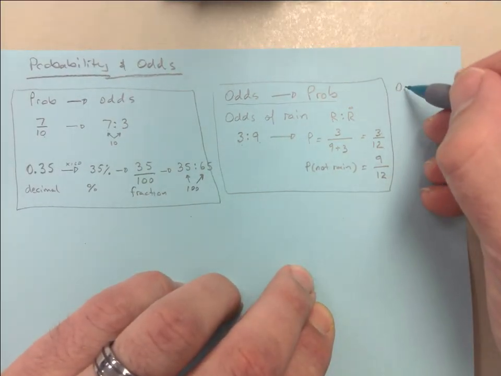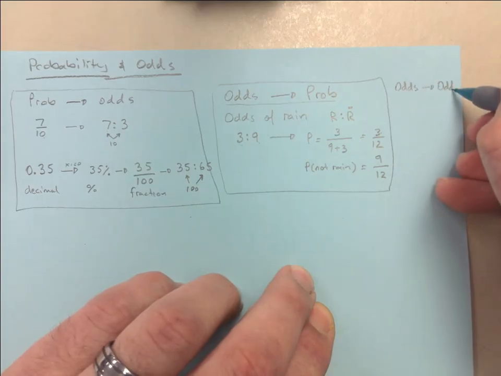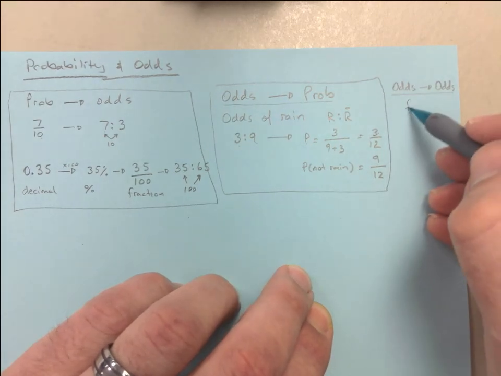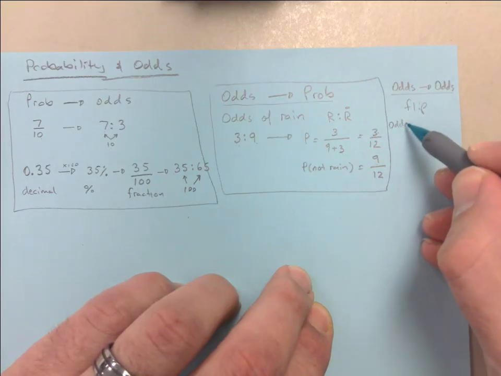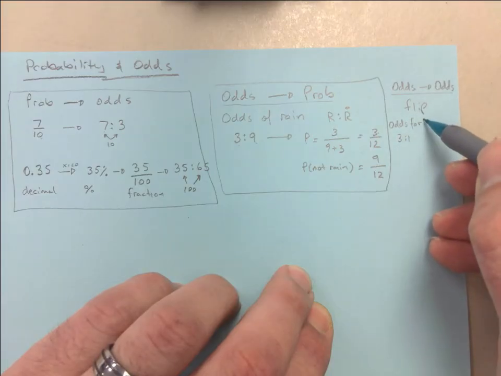And what I'm going to do here is odds to odds. I'm going to fit that in here. Just flip. Okay? Odds for, let's say it's 3 to 1.